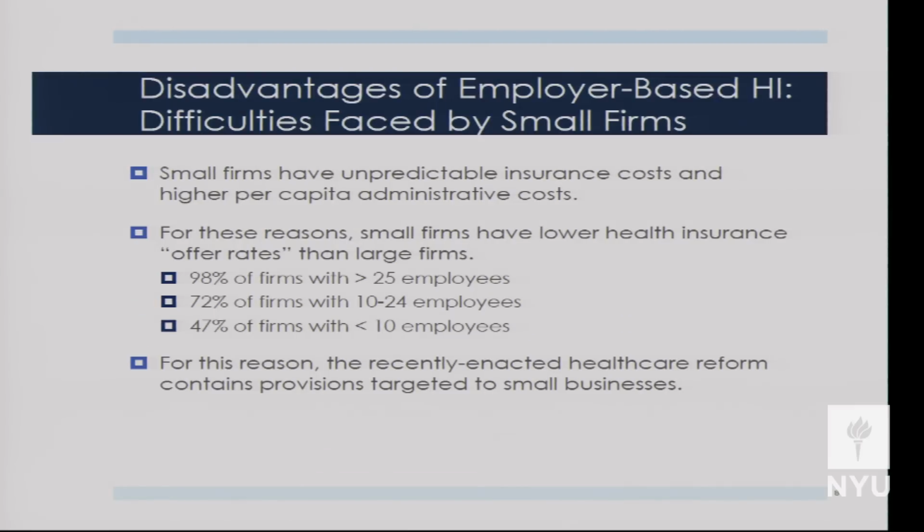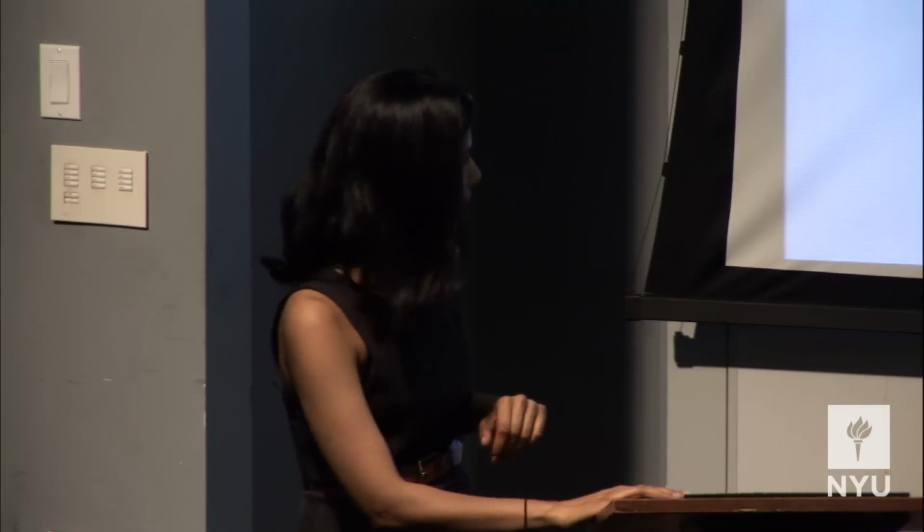For all the reasons we talked about, we often call it the individual market, even though they're small businesses, you're basically individuals, right? Such small pools tend to have very high premiums because of the administrative costs, because of the adverse selection issue, because of the idiosyncratic risk. So part of what the ACA did is try to help small businesses band together into bigger risk pools, so they can take advantage of some of the benefits that larger firms enjoy. We'll talk more about that in a second.